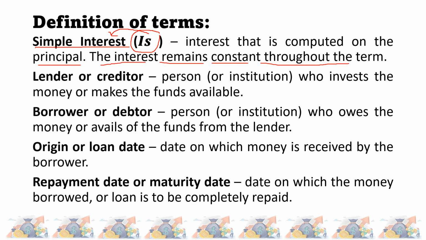Simple interest is calculated by multiplying your principal by the rate of interest by the number of payment periods in a year. So your time there should be in terms of years.